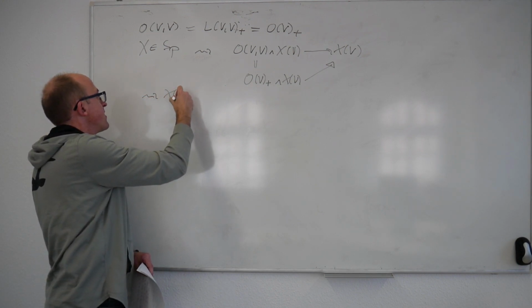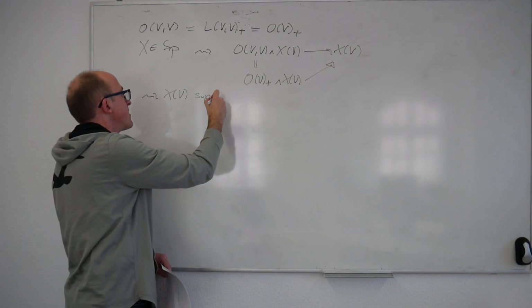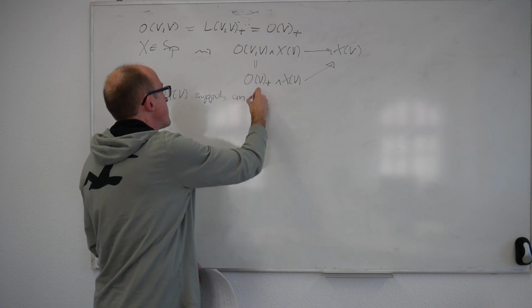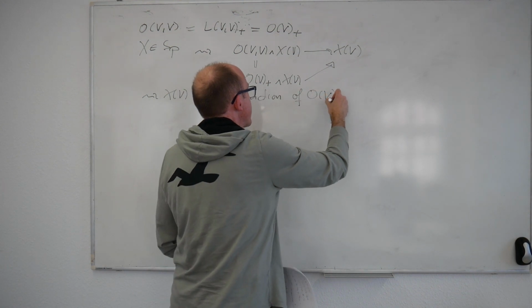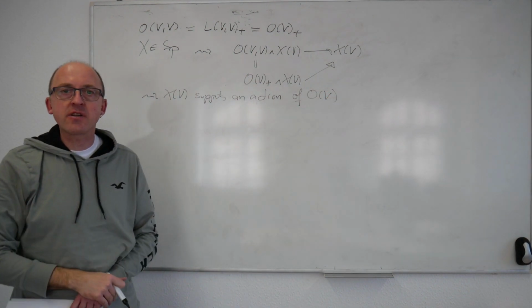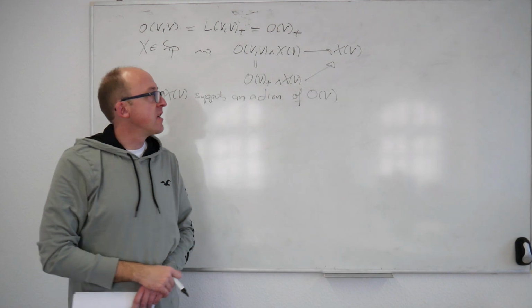So X of V supports an action of the orthogonal group of V, fixing the base point. So this is part of the structure that's encoded in an orthogonal spectrum.